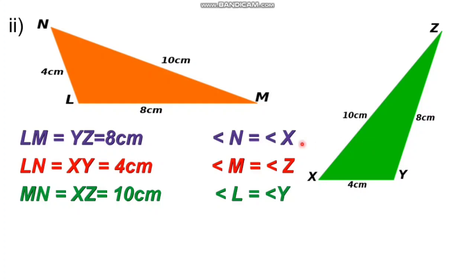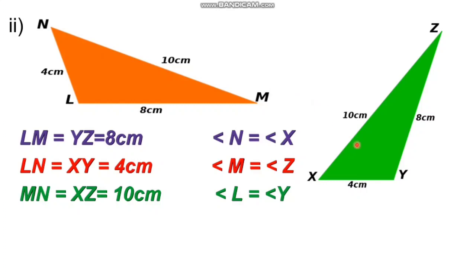Now we can write the equal sides and the equal angles, corresponding equal angles. Okay, let us start. LM 8 centimeter and here it is YZ 8 centimeter. So it is written here LM is equal to YZ is equal to 8 centimeter. Now LN 4 centimeter.